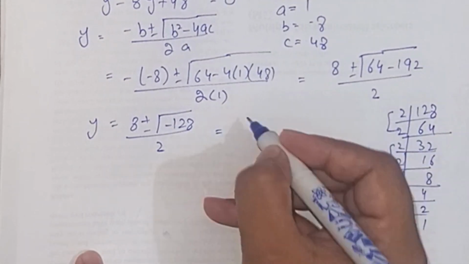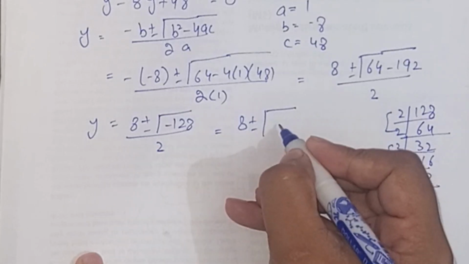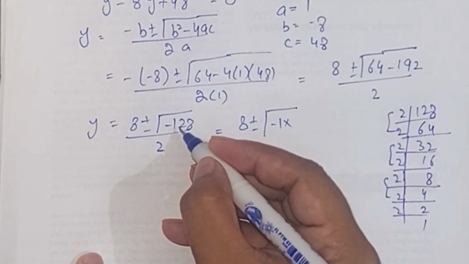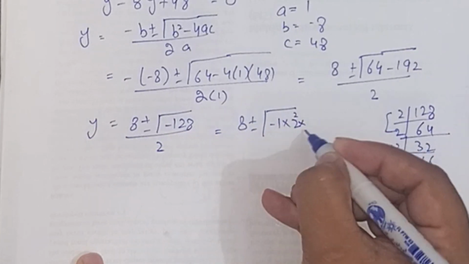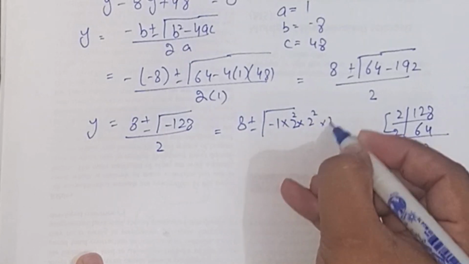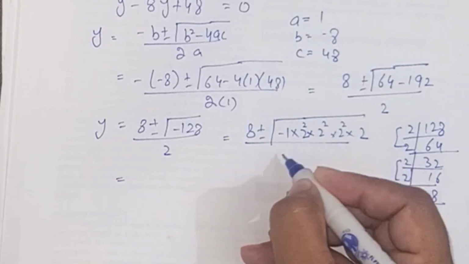So we write this as 8 plus minus square root of minus 1 multiplied by 128, which is equal to 2 square multiplied by 2 square multiplied by 2 square and multiplied by 2, over 2.